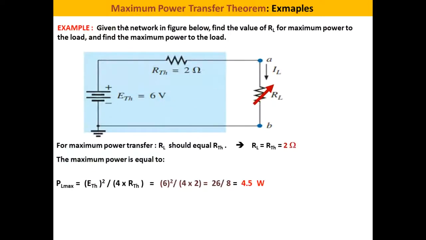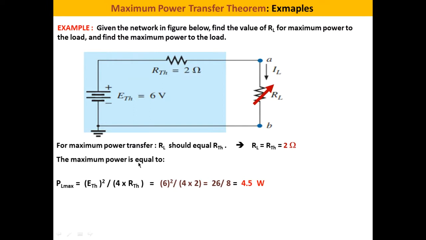Okay, let's see an example. Given the network in the figure below, find the value of RL for maximum power to the load. So we have E Thevenin 6 volts, R Thevenin 2 ohms. I'm interested in determining the value of RL that makes the maximum power transfer to the load. As we have learned, RL should be equal to R Thevenin, so RL equals 2 ohms.